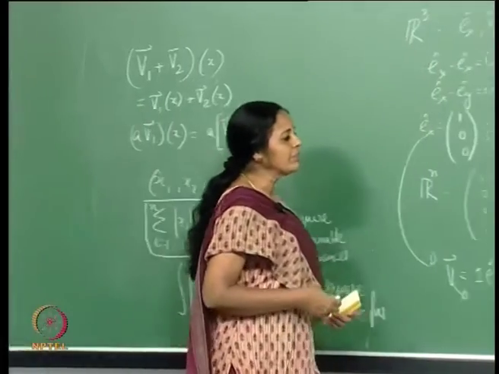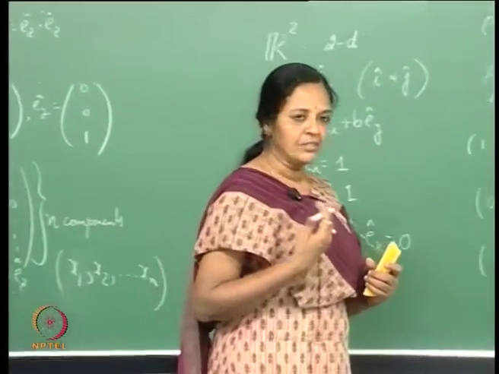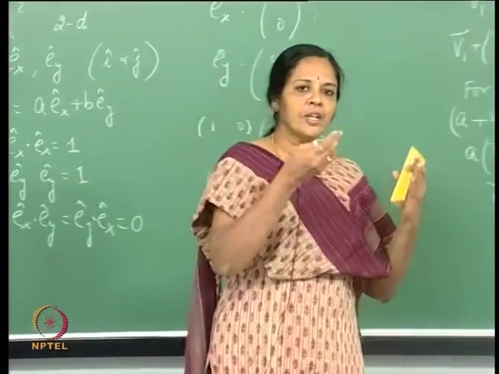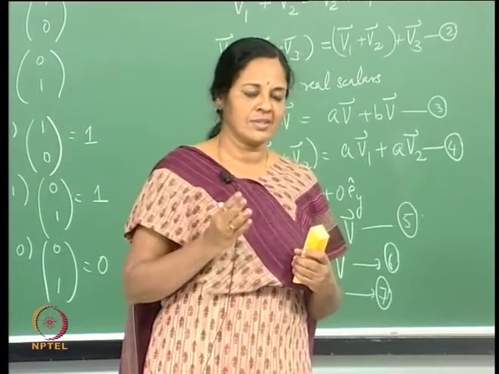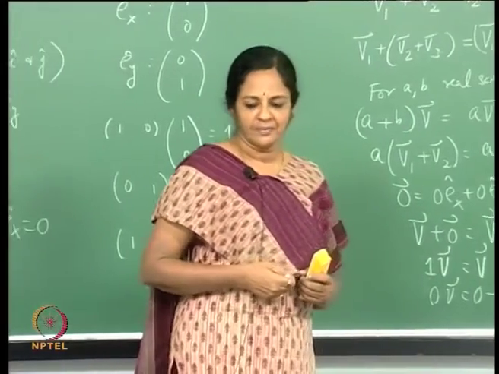I have therefore given you several examples of linear vector spaces ranging from the familiar column and row vectors, column vectors 1 0, 0 1 and so on, to function spaces.